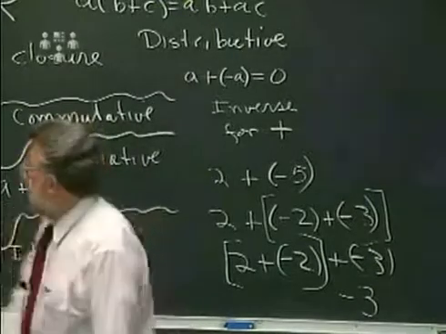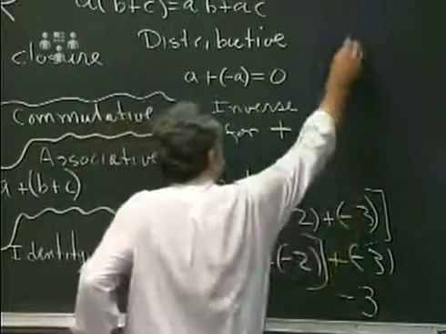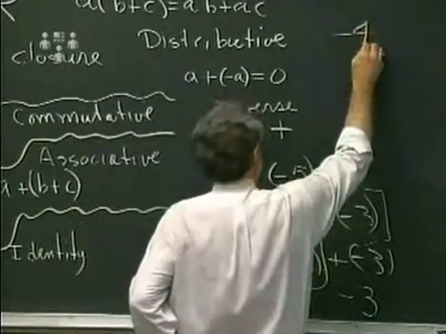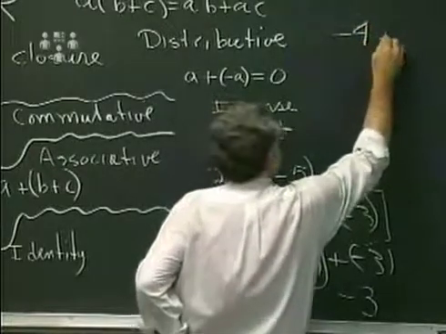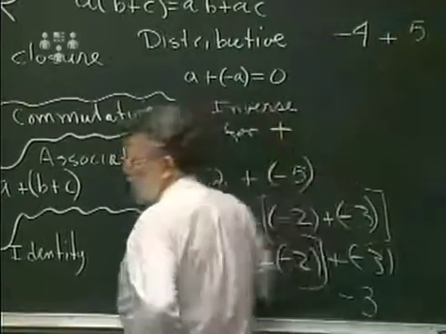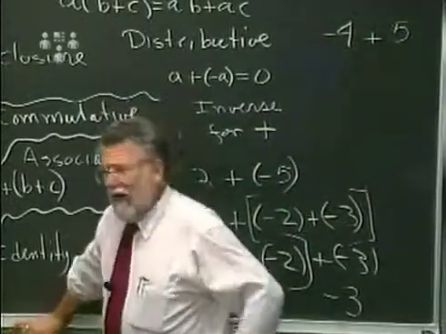If I start instead with a negative 4, and I want to add that to a positive 5, now I suspect you can look at that and say, oh, I get 1.